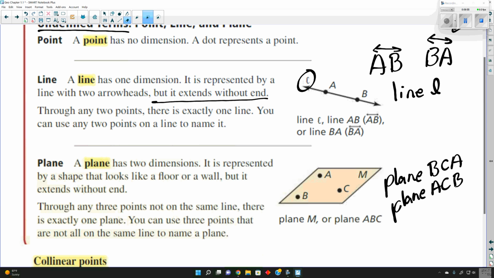Because I can do any iteration of these 3 letters to name the plane. But they cannot be on the same line. They cannot be collinear. We can use any three letters on the plane as long as they are not collinear. They make a straight line. They're on the same line. Does that make sense? And we'll see an example of one here in a minute.